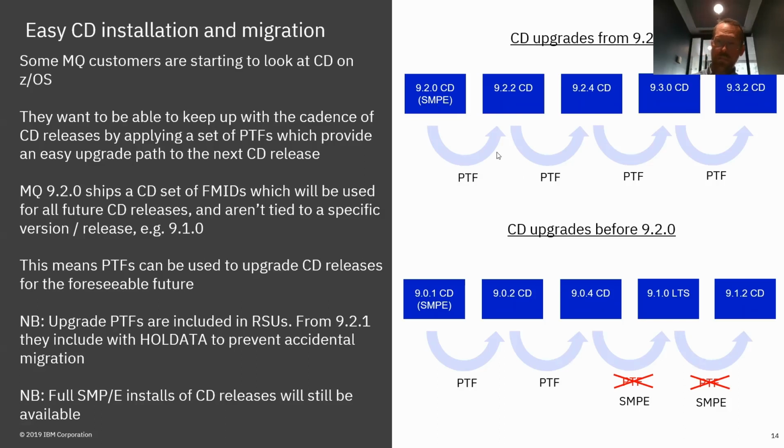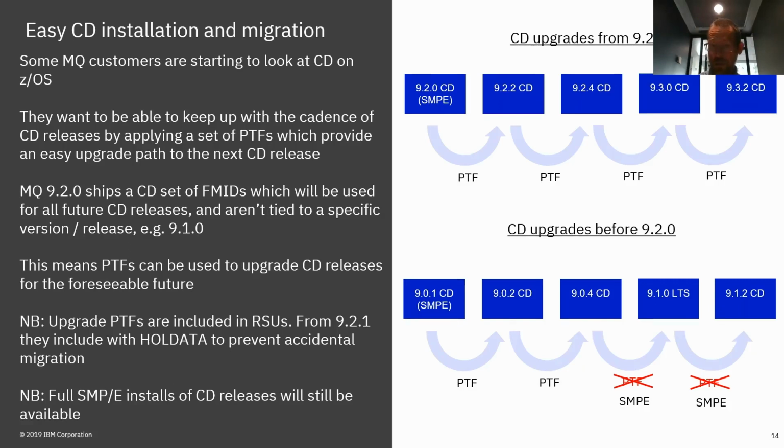So what we've done from 9.2.0 LTS is give you the ability to choose from a CD set of SMP libraries or an LTS set of SMP libraries. And if you want to upgrade through CD for the foreseeable future, you can just do that via applying PTFs.